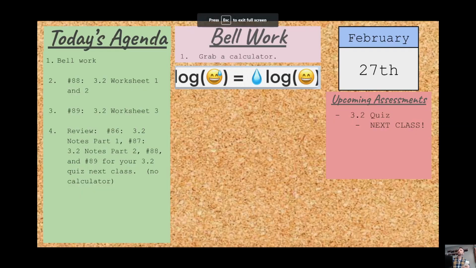We still got almost 30 minutes here. But the things that I suggest that you look over would be your 86, which is where we did notes part 1 last class. That was specifically on graphing. Notes part 2, which was 87. That was a little bit longer, and we talked about some of the properties and did some examples. And then 88 that we did this morning, which was worksheet 1 and 2.